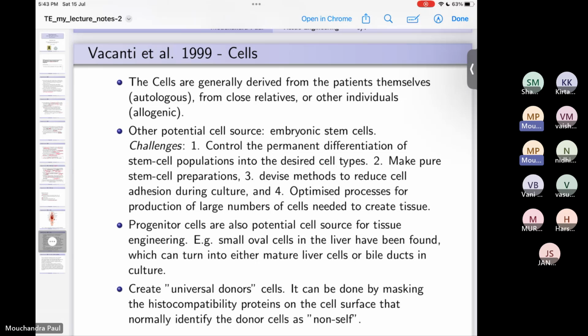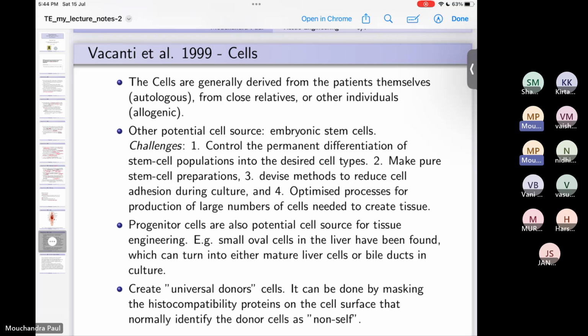Another challenge is to make a pure stem cell preparation, because when you isolate stem cells from a particular tissue, be it from fetus or from adult, along with stem cells, the other cells surrounding it, like fibroblasts, etc., also come out. And through naked eyes, you can't differentiate.